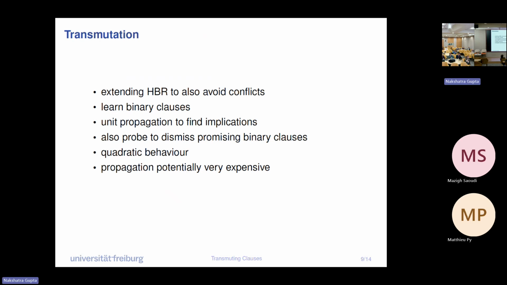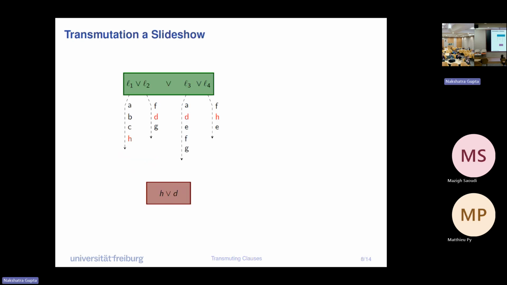There can be lots and lots of these candidates. So when I go back one slide here, every pair of these literals could be a candidate of a binary clause that we want to learn. So we want to check each of them.